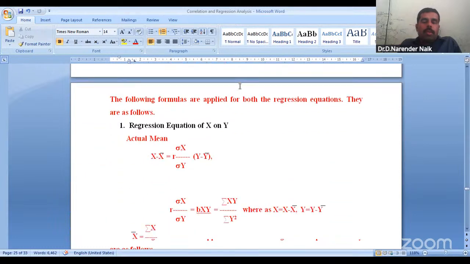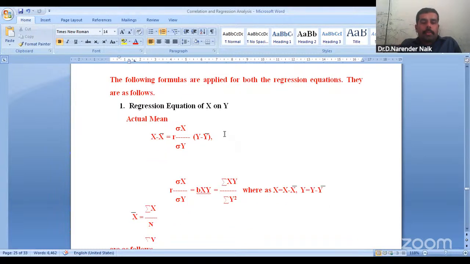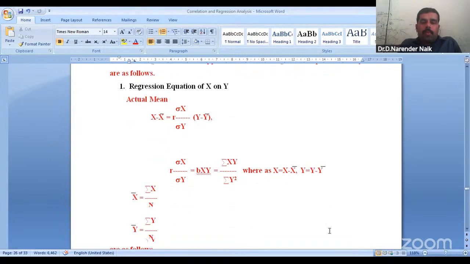So the regression equation of x on y. Again, for the regression equations x on y and y on x, there are the actual mean as well as the assumed mean, the same situation as in the problems in correlation analysis. So this is the actual mean formula. This formula is very much important here.